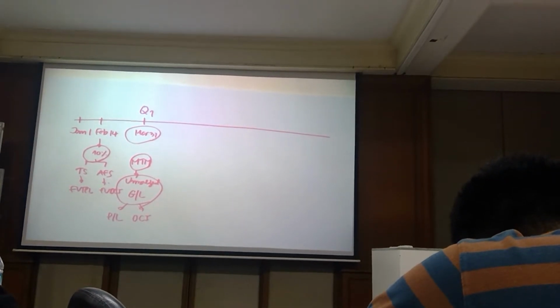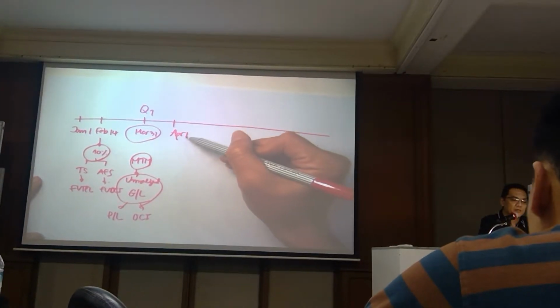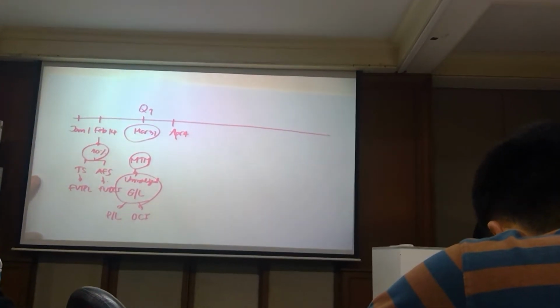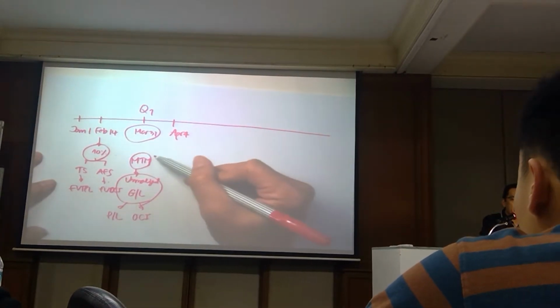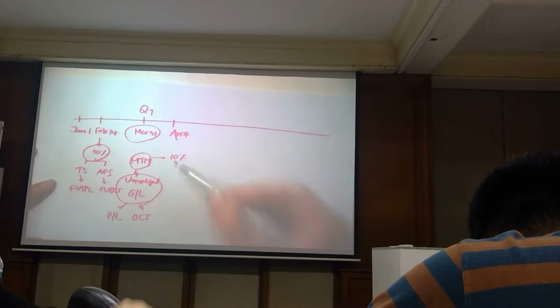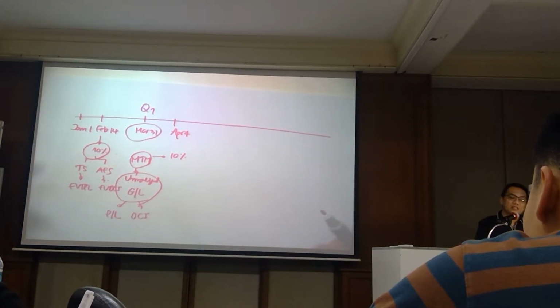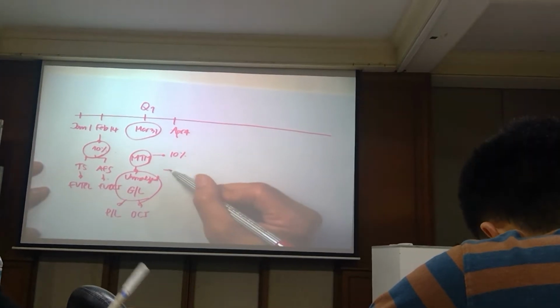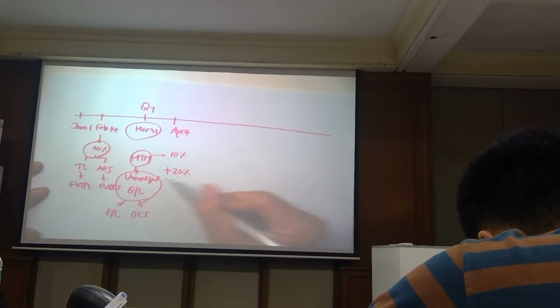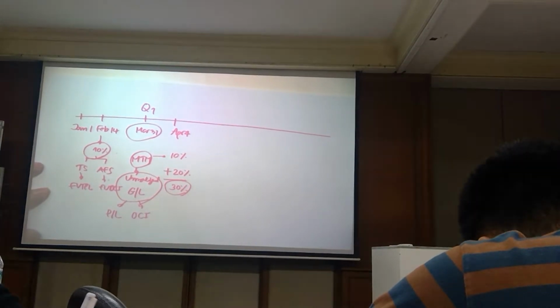Now, let's say you go to April the 4th, you still carry 10%. And then you decide, well, I want to gain significant influence now. You buy another 20%. Now your ownership turns to be 30% in that particular company.